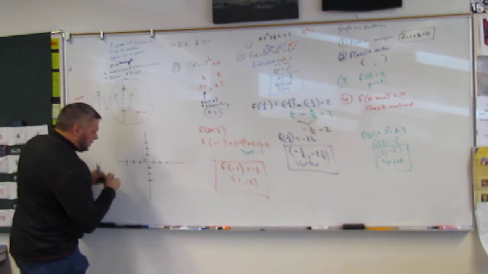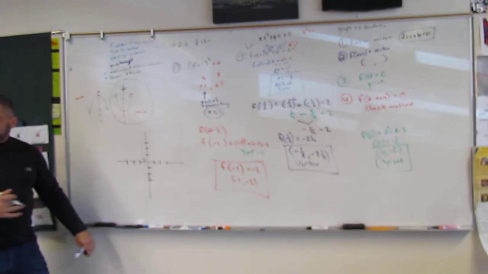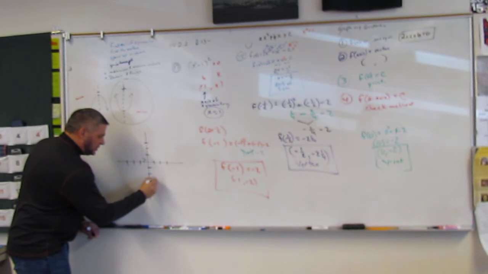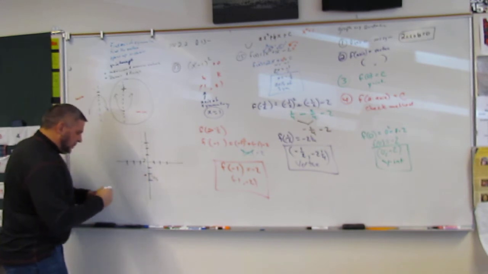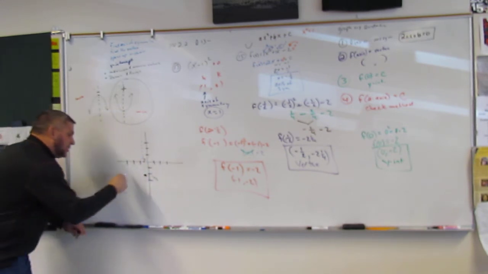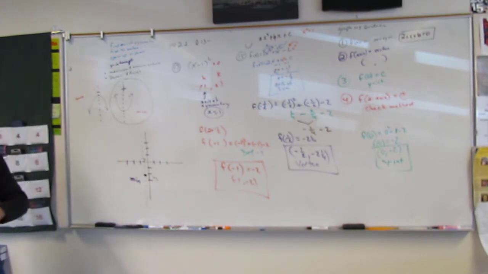Okay? If we look at this, we cut this in halves, right? So 2 1/4 would be here. Negative 2 1/4, sorry. So that's right here. That would be what we call the minimum value. Okay? Your minimum.